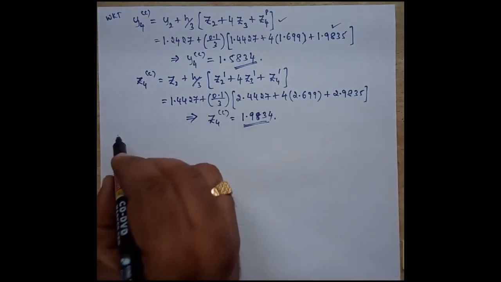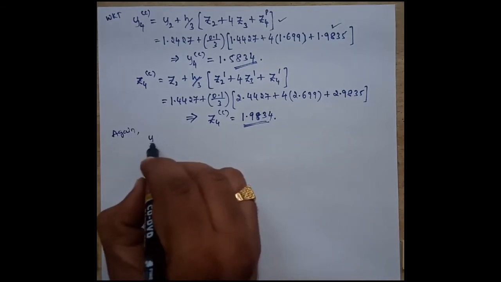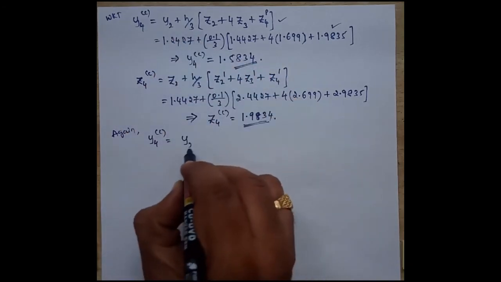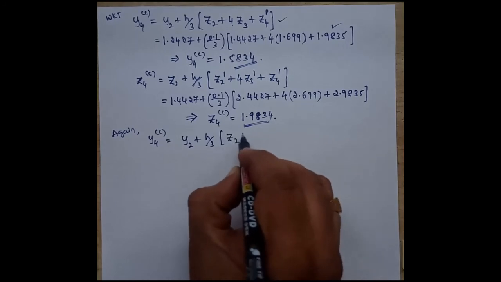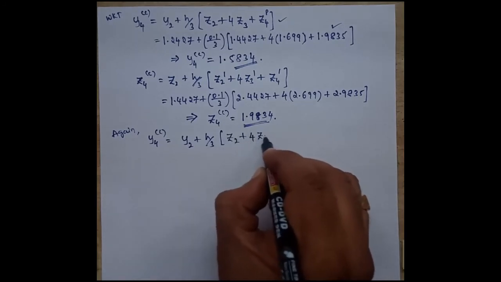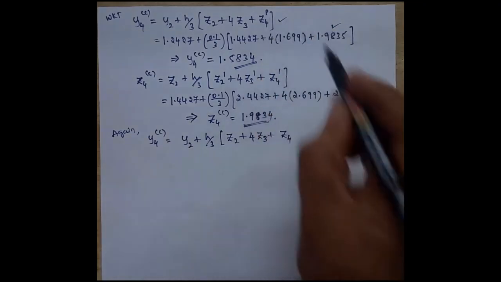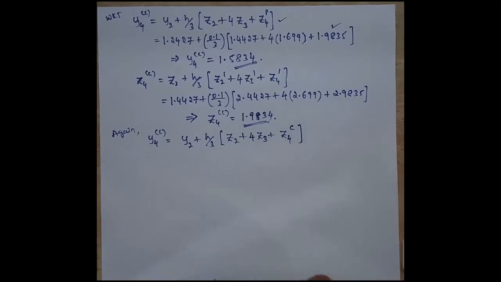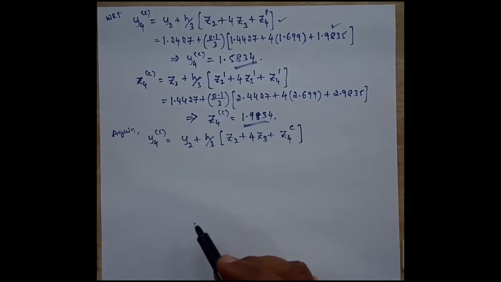Again, Y4C, the corrected, I'll write the same formula: Y2 plus H by 3 into Z2 plus 4Z3 plus Z4. Instead of the prediction, I'll use the corrected value, Z4C. So this is the only difference you can notice, P here, C here.